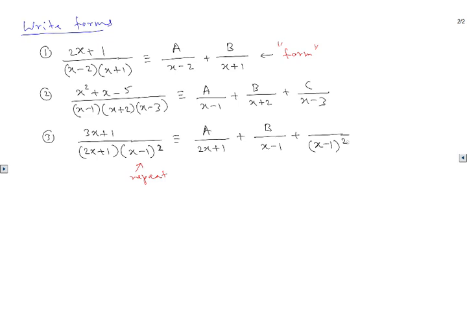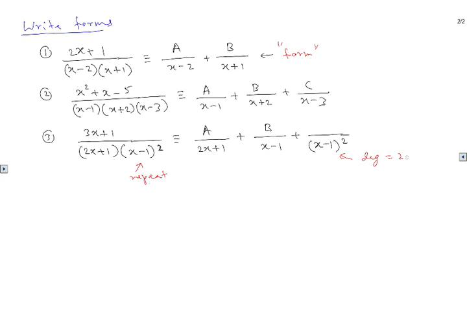Even though the degree of the denominator is 2, we don't follow the general pattern. What's the general pattern? The degree of the numerator is 1 less than the degree of the denominator.